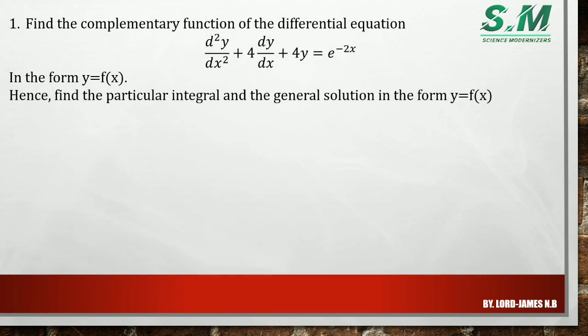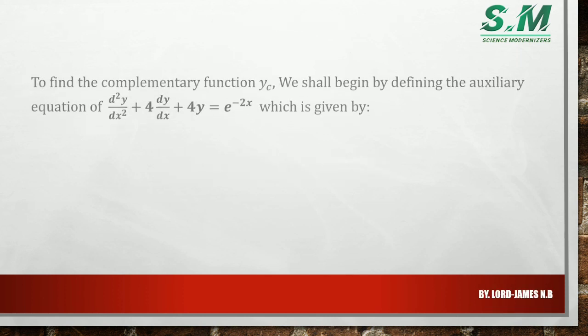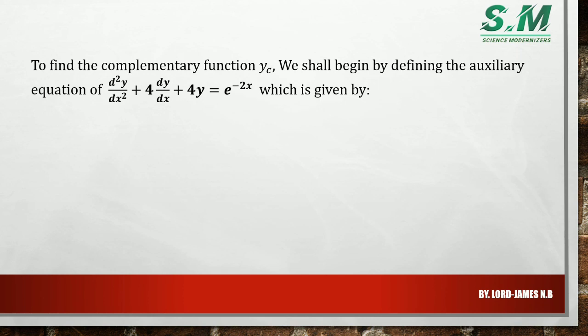The question was: find the complementary function of the differential equation d2y/dx squared plus 4 dy/dx plus 4y equal to e to the negative 2x in the form y equal to f of x. Hence find the particular integral and the general solution in the form y equal to f of x. So let's get started. To find the complementary function yc, we shall still define the auxiliary equation, which is given by m squared plus 4m plus 4 equal to 0.